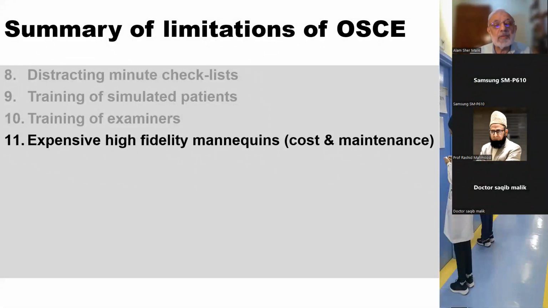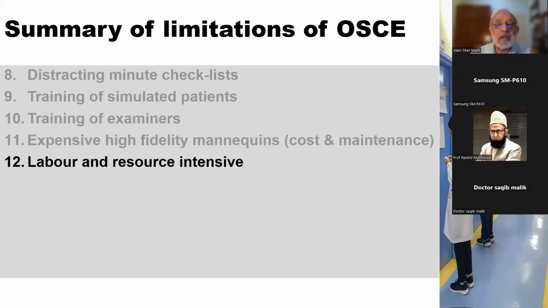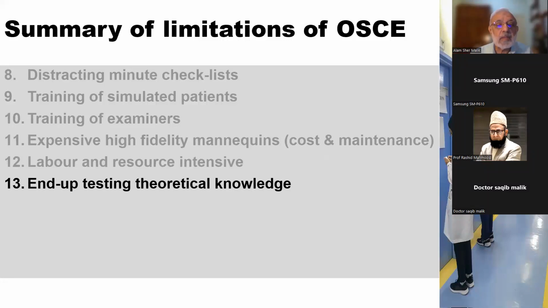And if we use high fidelity mannequins, they are very, very expensive, and their maintenance is also very expensive. It is labor and resource intensive. And most of the OSCE stations end up using the theoretical knowledge, which can be easily assessed in the written examination.